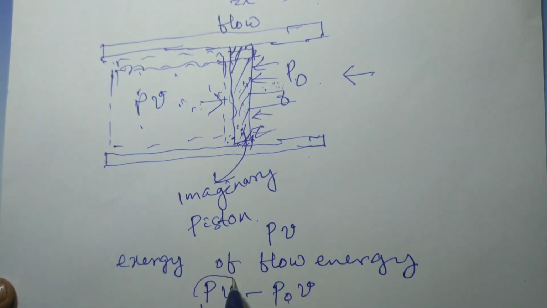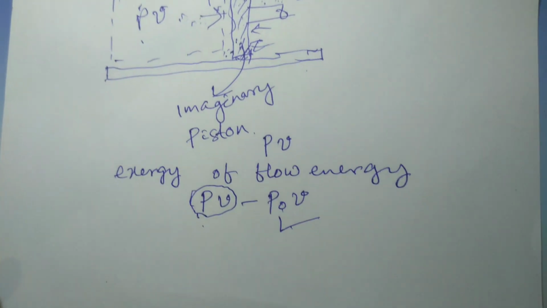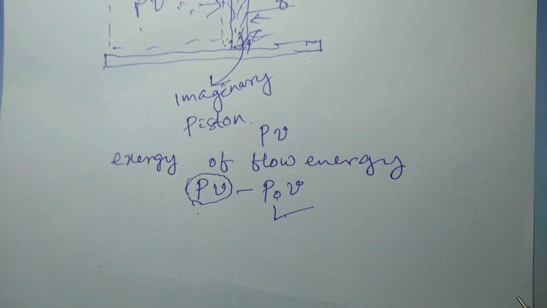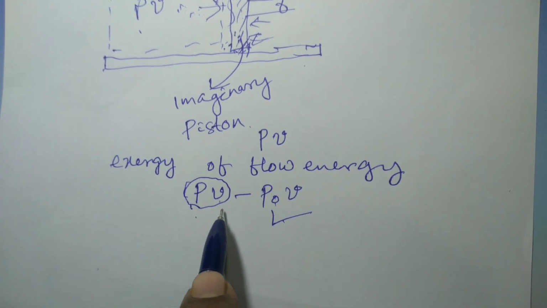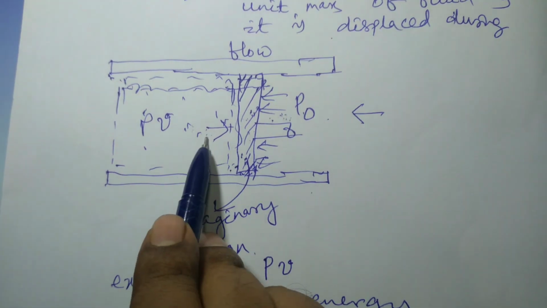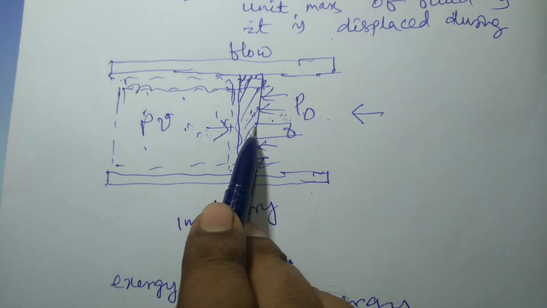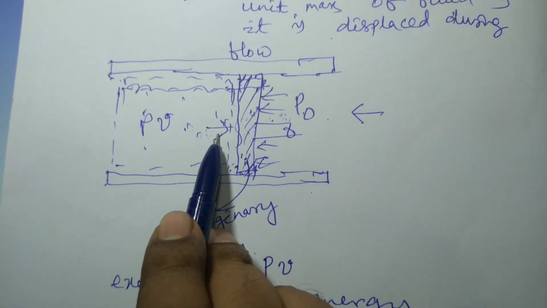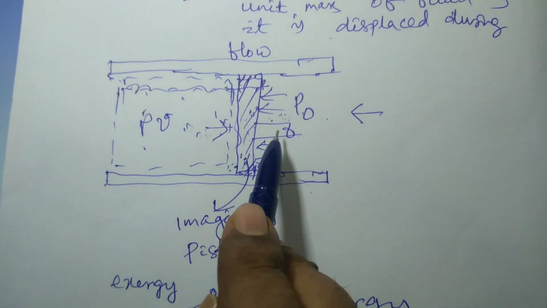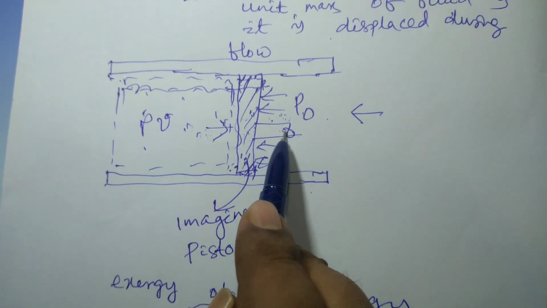Because whatever energy is given to a fluid in the form of flow energy, that means whatever energy is given by the upstream fluid to the downstream fluid, that is your imaginary piston, all of that cannot be converted into useful work in the form of piston displacement work.